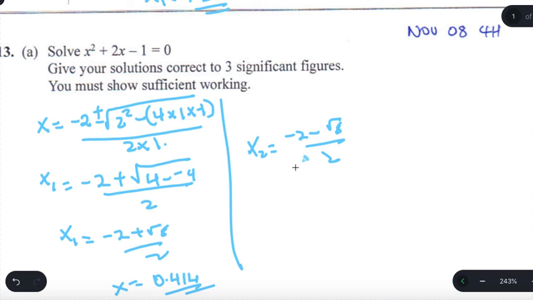And then the second value of x will be the square root of 8, it is negative, and then minus 2, and then we divide that by 2, so we get a negative answer as negative 2.414. Because these are four significant figures, and the instruction is 3, you just have to cut off the 4, and that will be the answer.